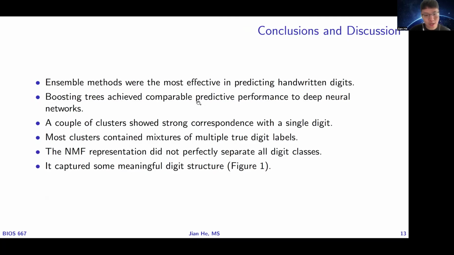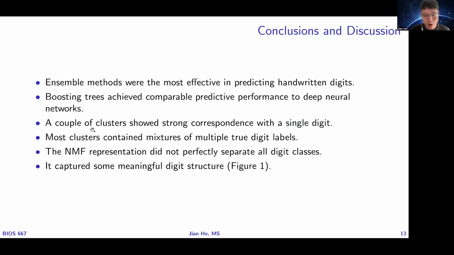And boosting trees achieved a comparable predictive performance, around 96% prediction accuracy, to the deep neural networks with the following settings: 500 node hidden layers, rectified linear unit activation functions, and a stochastic gradient descent optimization with a learning rate of 0.01.